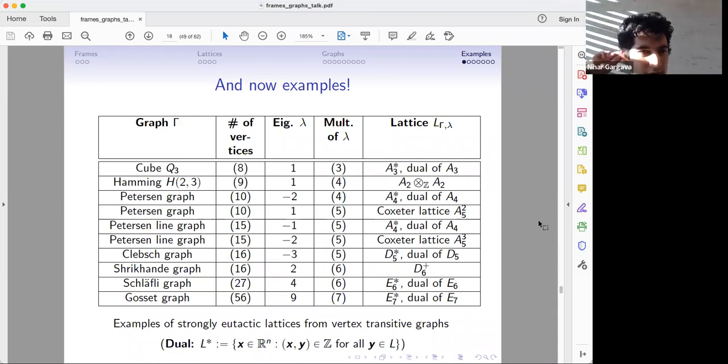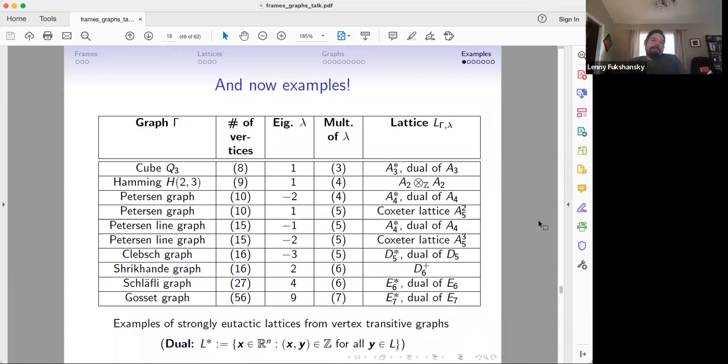And can you say something about the packing density of the lattice that you produce? Well, for these examples, the packing density is known.